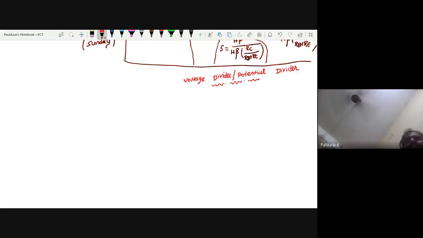That is to test your understanding in circuit analysis, not in EC1. So anyone, have you developed that circuit? So what have I given? What is the question? The question is, design a potential divider circuit to get 8 volt, then 5 volt and 1 volt, right?